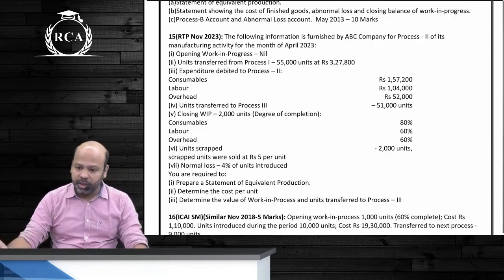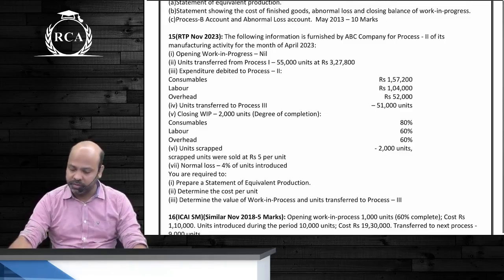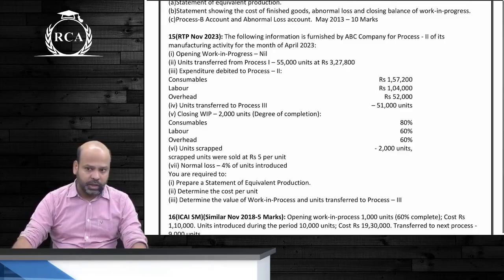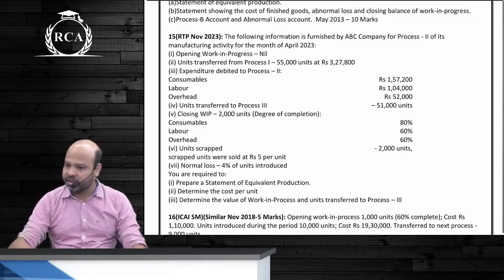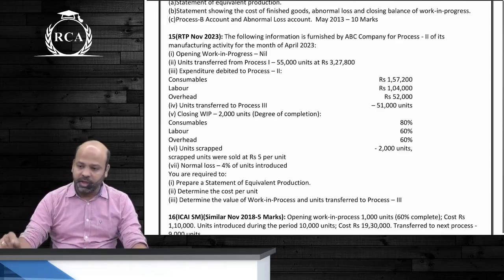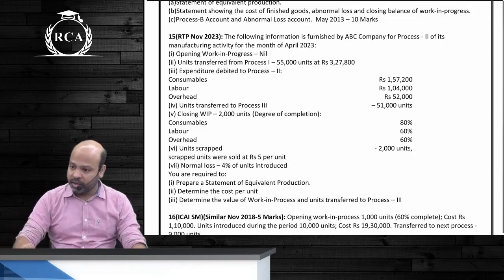It does not apply to the amount of input that you receive from the previous process. So here, if you look at the question, it says that the degree of completion for consumables, beta, is 80%. 80% can be the degree of completion only for the materials that you're going to add in the current process, guys. It cannot be the degree of completion for the materials that you've received from the previous process. They're assumed to be always 100% complete.